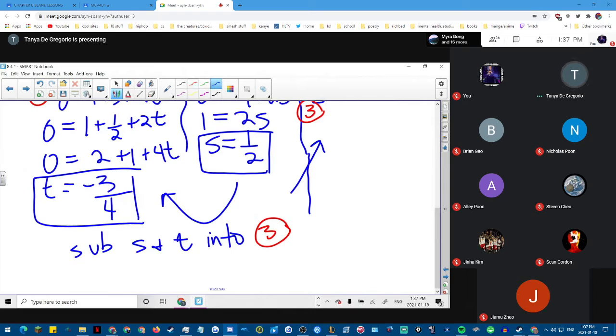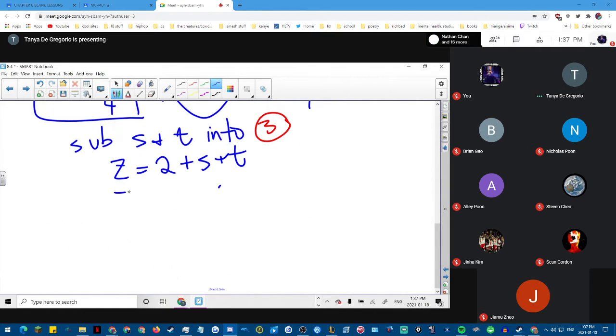There we go. And so now I have z equals 2 plus s plus t. Find a common denominator, add them together, and you're going to get 7/4. Good.